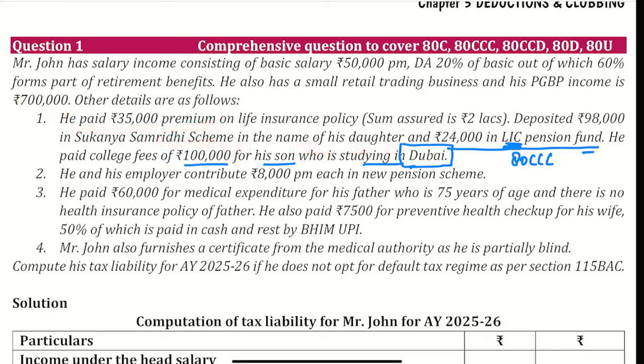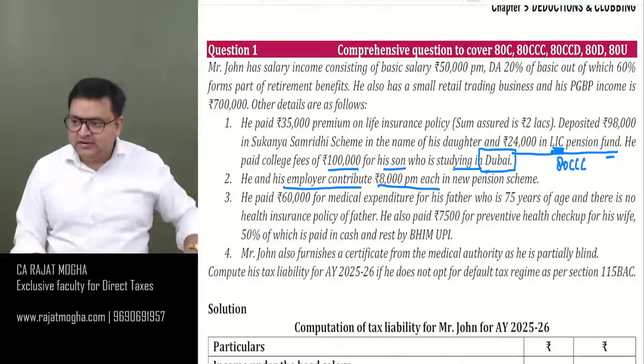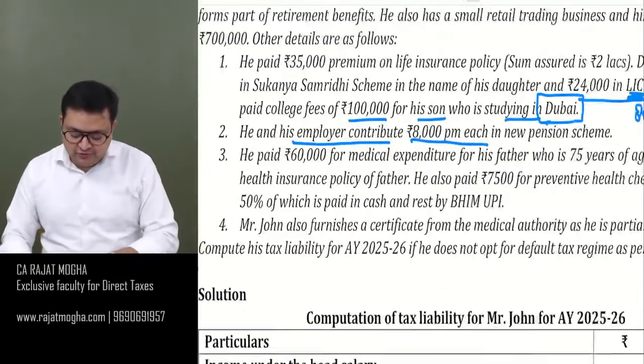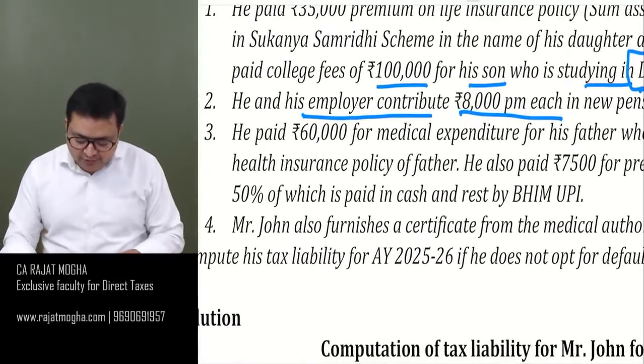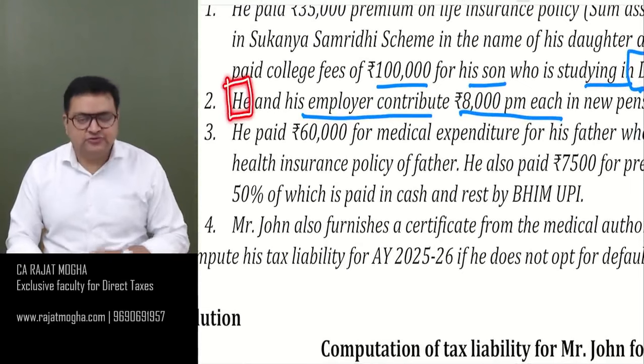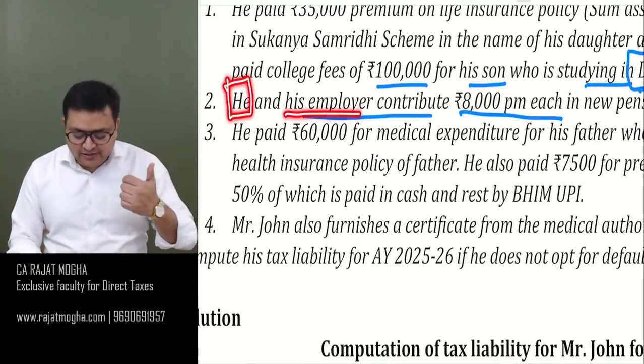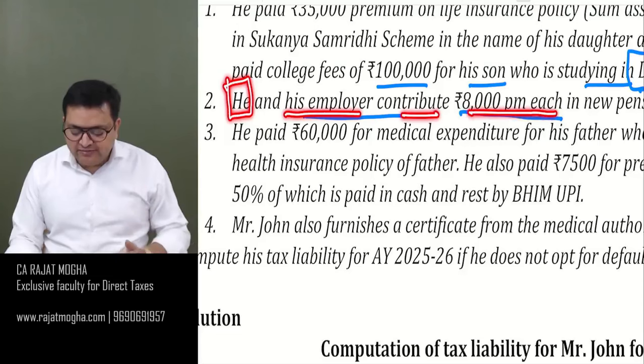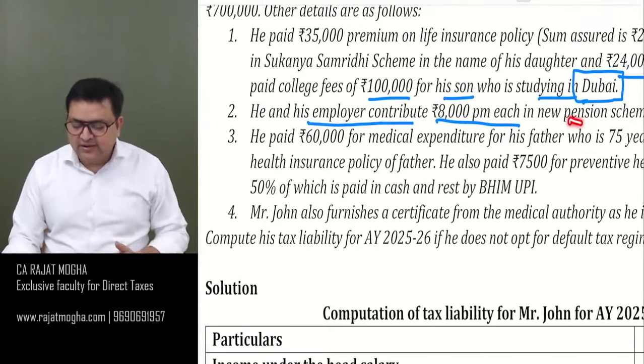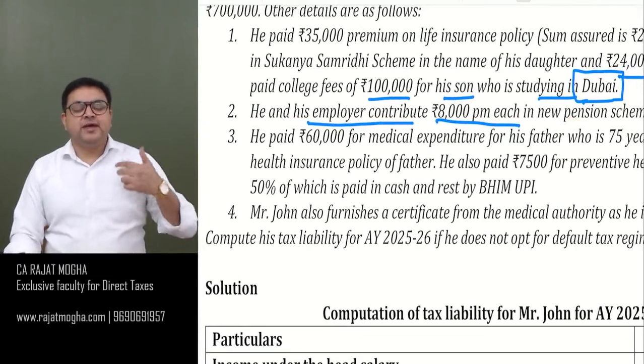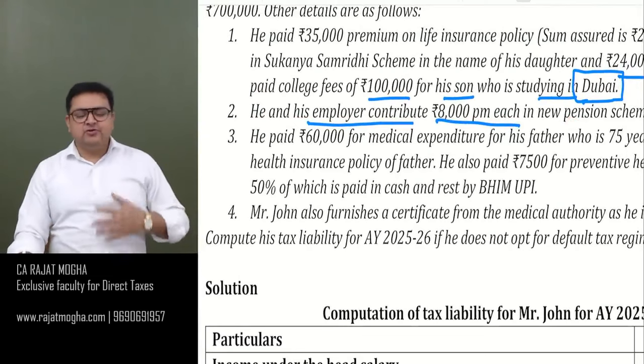Second is he and his employer are contributing 8,000 per month each. It means John and his employer contribute 8,000 per month each in the new pension scheme. Whatever is the contribution by the employer, see, the employee contribution is not an income.